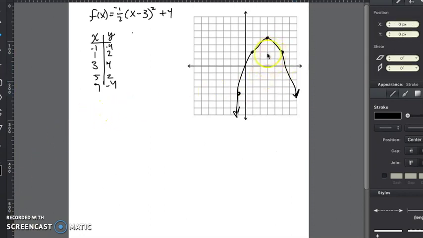Okay, so we have a rough sketch of our graph. Now I'm going to put in some of the things that we need, like the axis of symmetry, which is going to be right here.